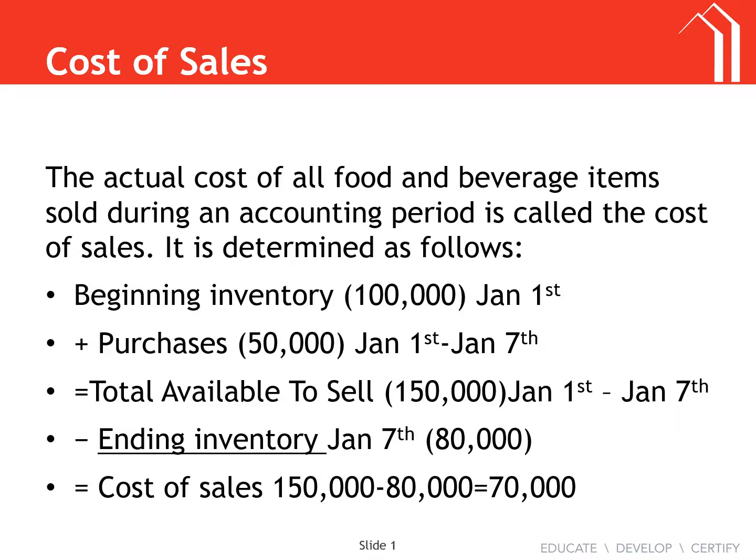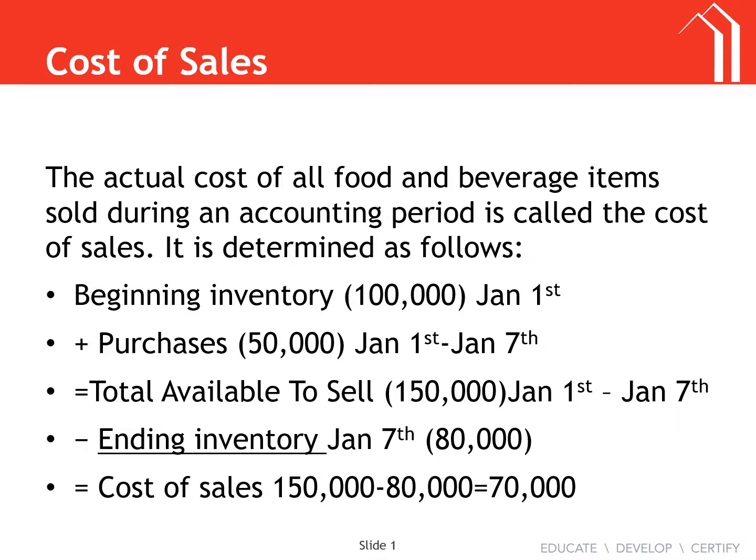So if you add beginning inventory, $100,000, plus the purchases, your total available to sell is $150,000 worth of products. That's the most you can physically sell.